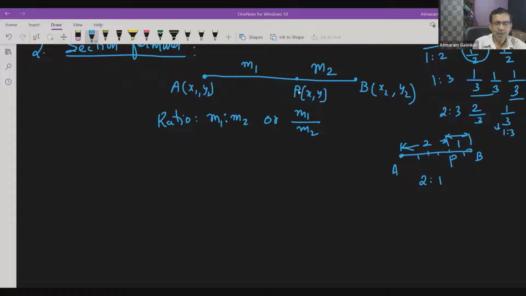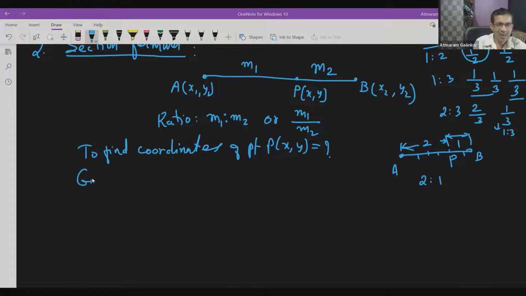Here, you want to find the coordinates of point P, which is x, y. So this you have to find out. And what are the things given? There are 3 things given.